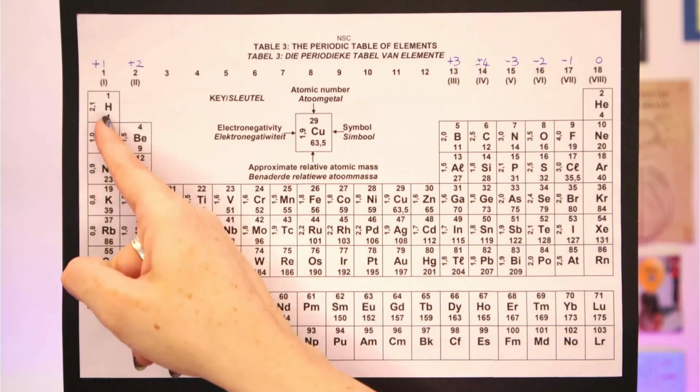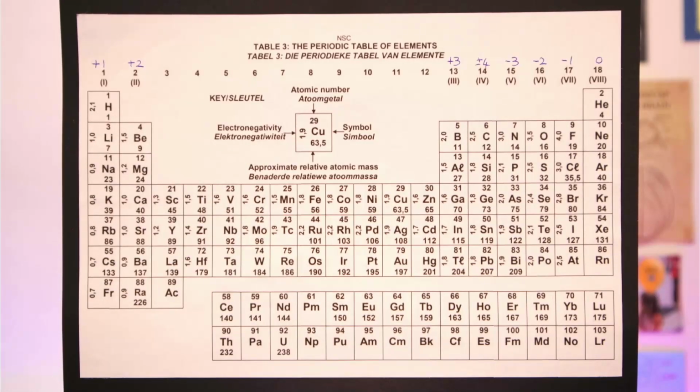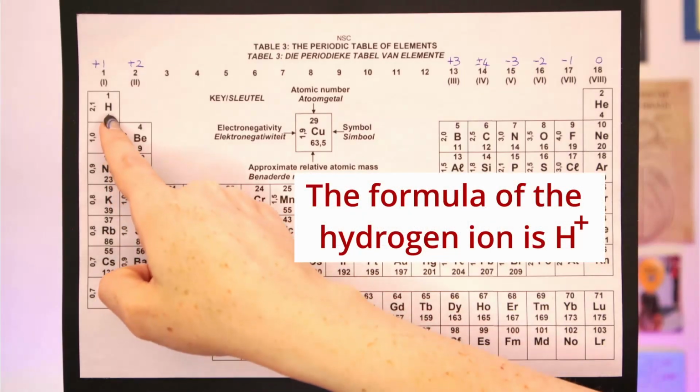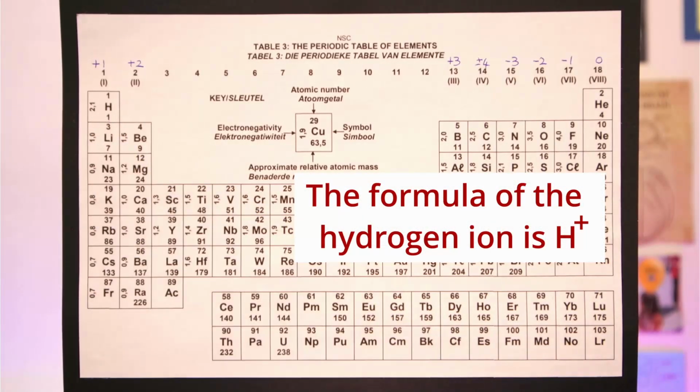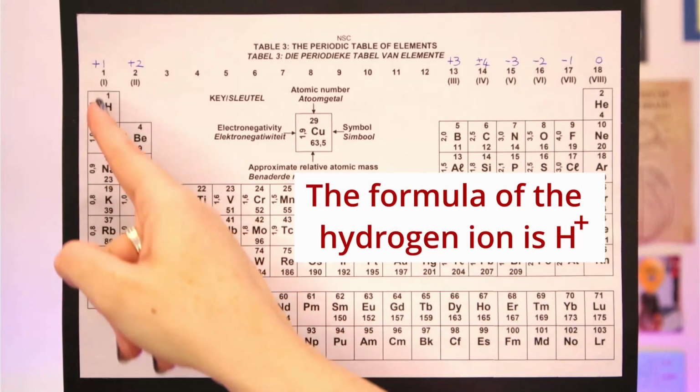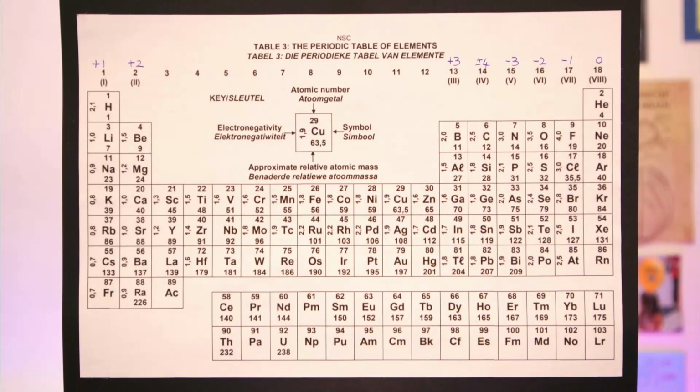Now, hydrogen at the top of group 1 is an exceptional element. It is a non-metal, but it forms a positive ion like the metals by losing electrons. In fact, remember the hydrogen ion H+, its valency is +1, and that tells us that the hydrogen atom lost 1 electron to form the hydrogen ion H+.